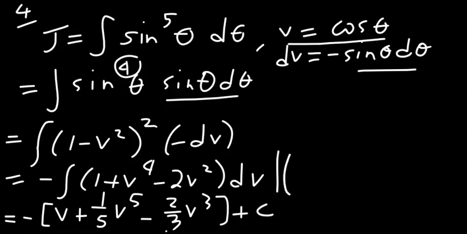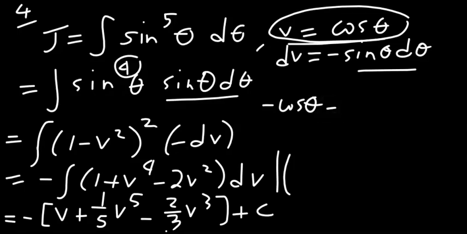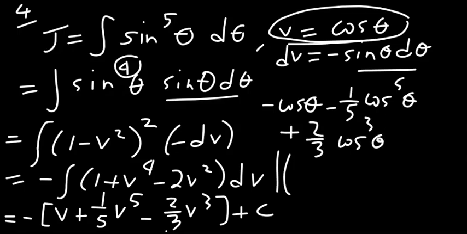And finally, using the fact that v is cosine theta, it is just minus cosine theta minus 1/5 cosine to the power of 5 theta plus 2/3 cosine cube theta plus integration constant. And that is the final result.